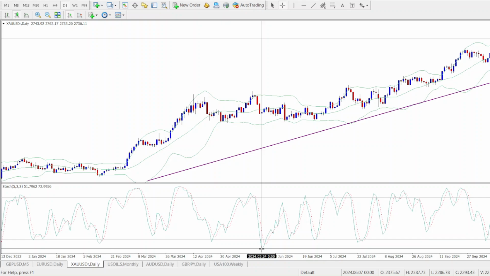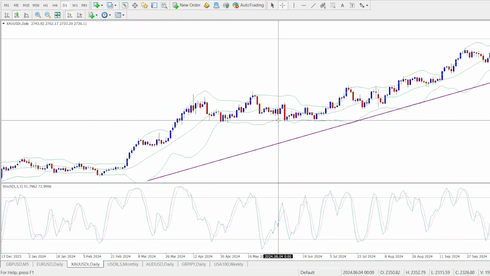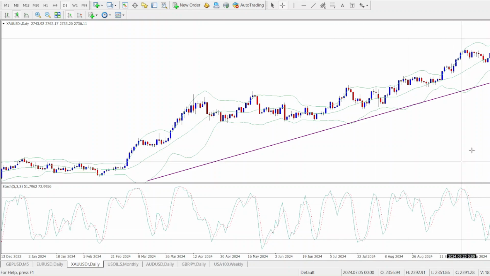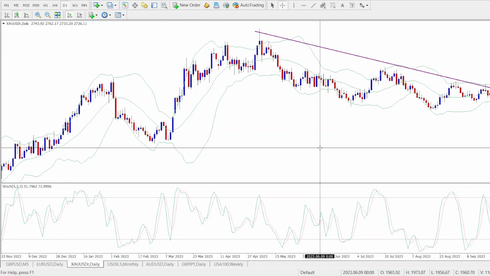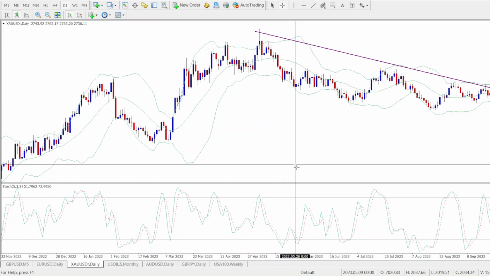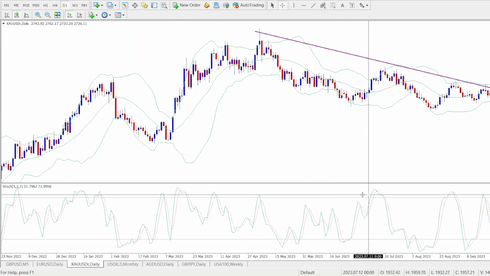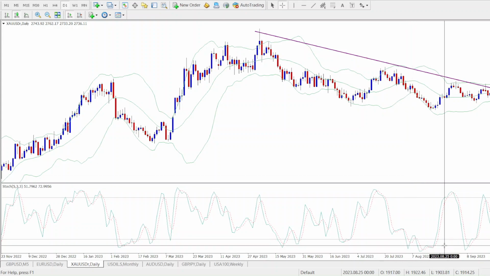Now we have multiple examples. We can see here again, we got a buy signal as price was tending towards the lower band of the Bollinger Bands. We can see here again. The stochastic oscillator gives us signals about overbought and oversold regions. In the case of stochastics, there are specific zones on the indicator window, like the 80 zone above and the 20 zone below.